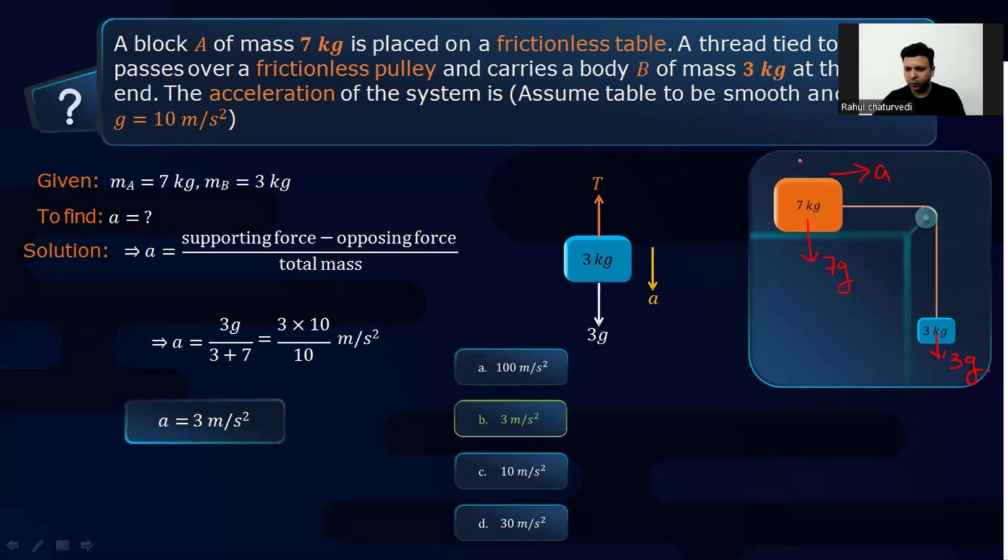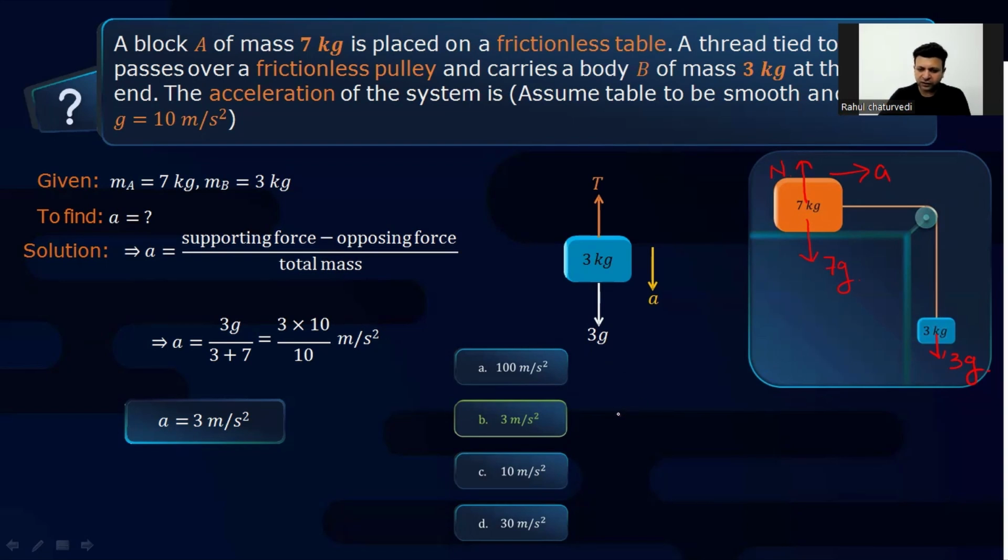This 7G will balance the normal reaction. Fine. So 7G here is balancing the normal reaction and is not opposing the motion. So supporting force here is 3G and there is no force acting in the opposite direction, so opposing force will be 0.